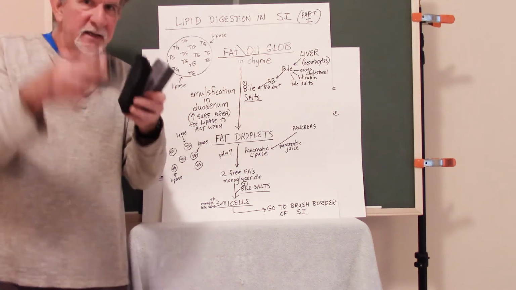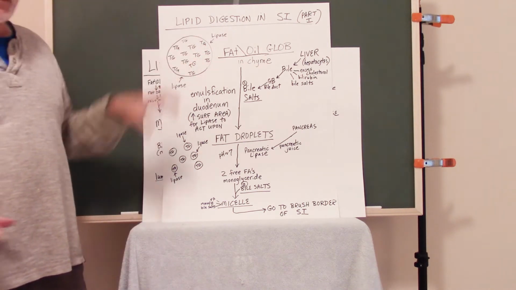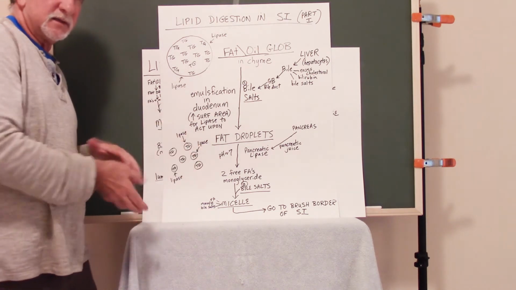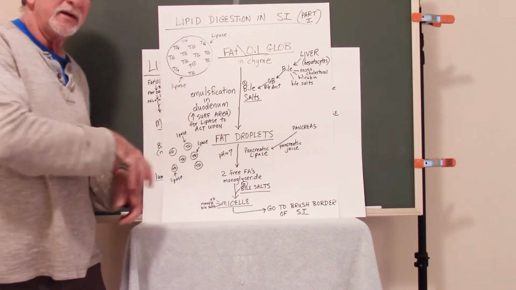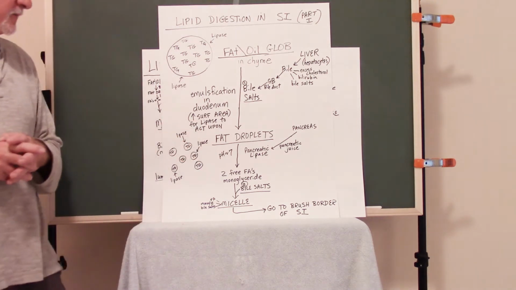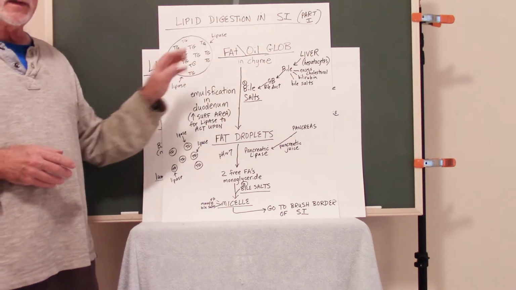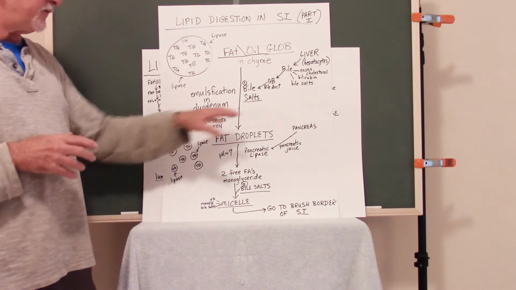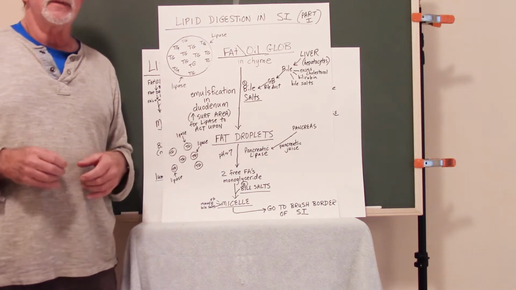And if I do this again and again and again and break up one large globule into many tiny little droplets, then the lipase enzymes have a much greater amount of surface area to attack and break down all the triglycerides. So the globs of fat are emulsified as they mix with bile salts to fat droplets. And then the fat droplets would be acted upon by lipase.